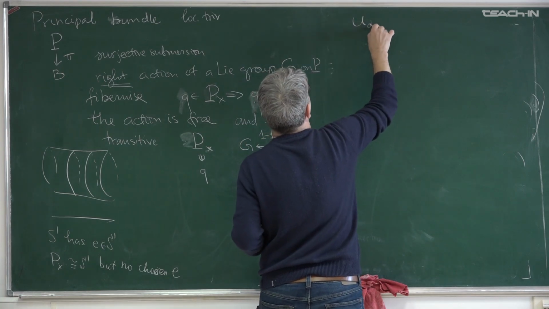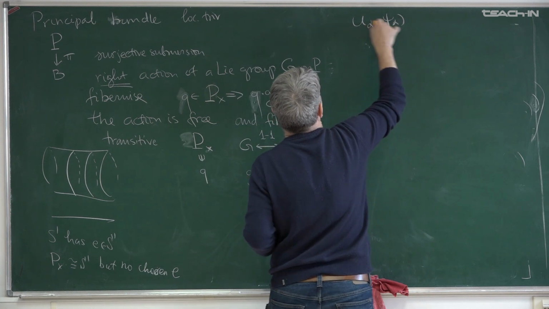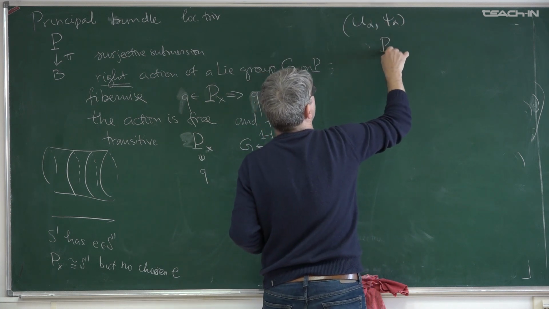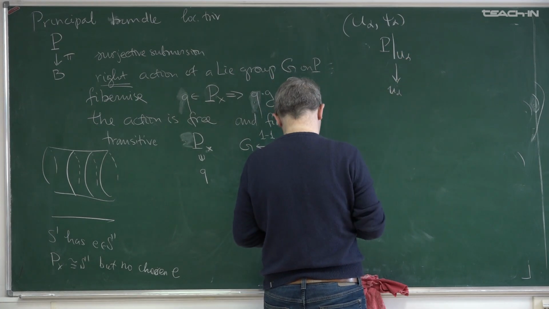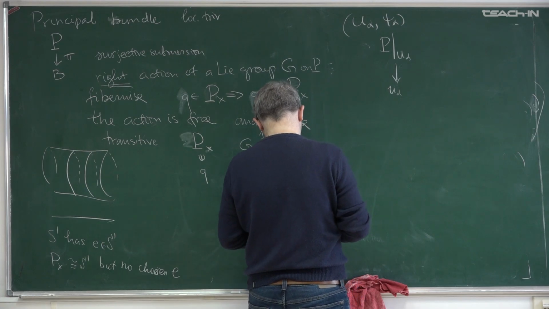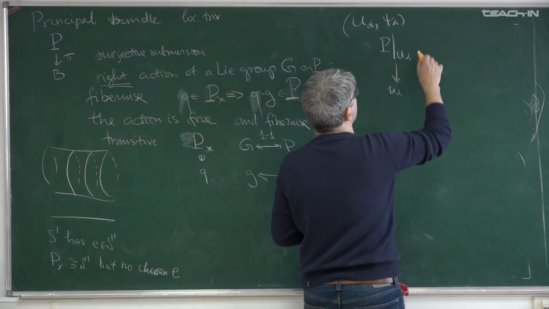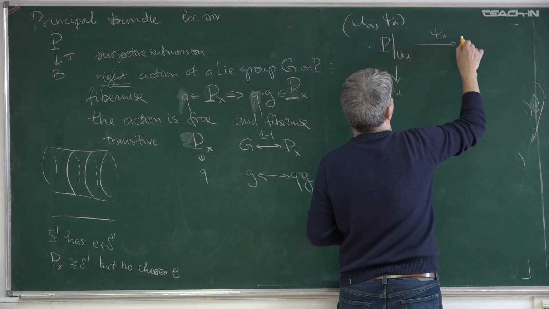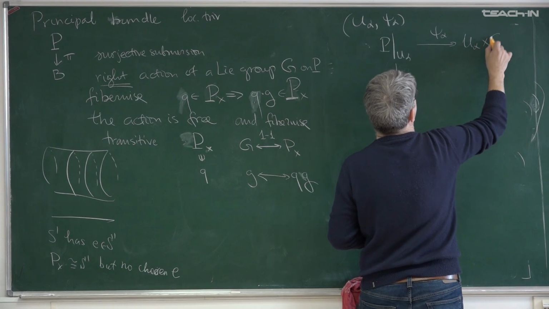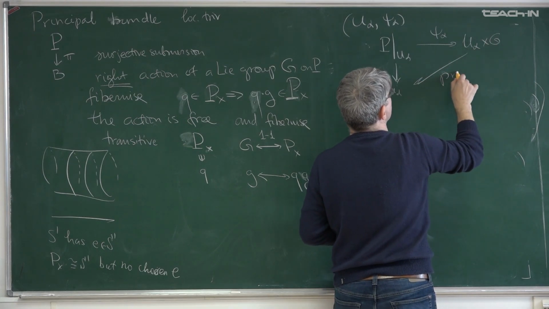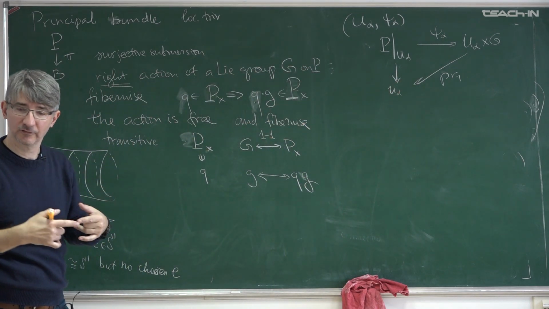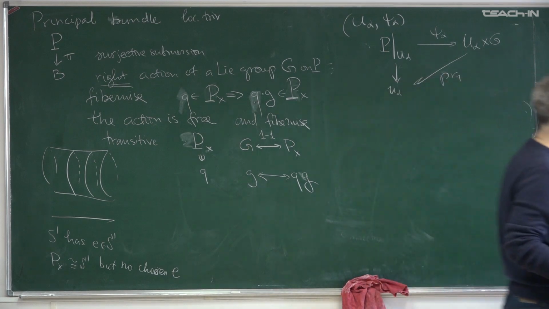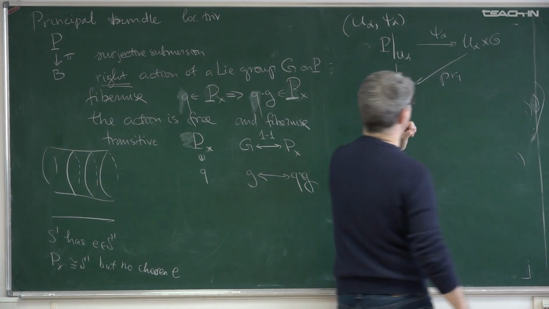So we still have U alpha, psi alpha, and if you restrict P to U alpha, the trivialization gives you a product. This one is projection 1. So this diagram means that trivialization is fiber-wise. It preserves fibers. But there is one additional condition.